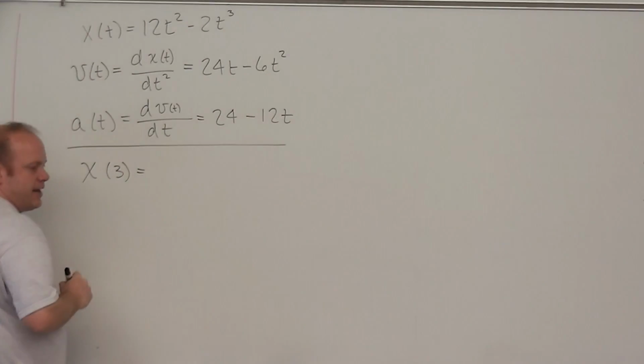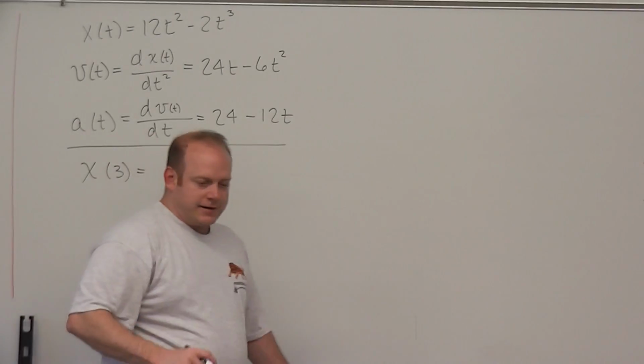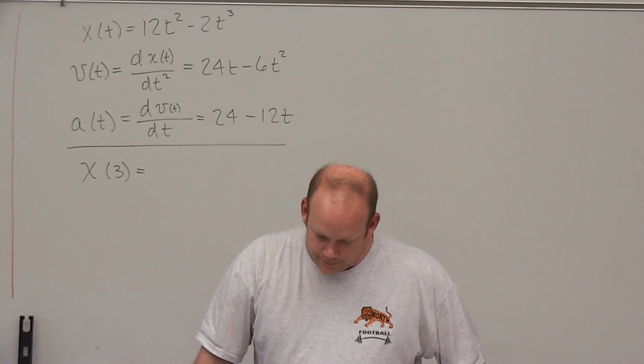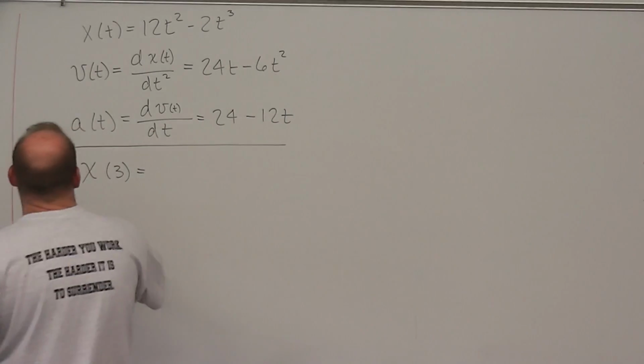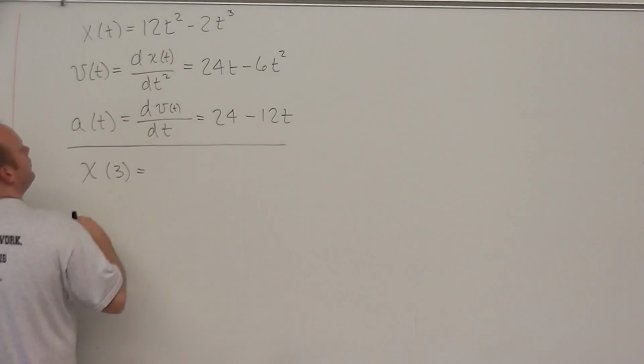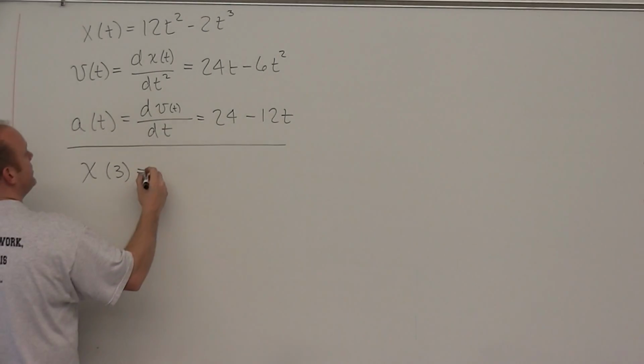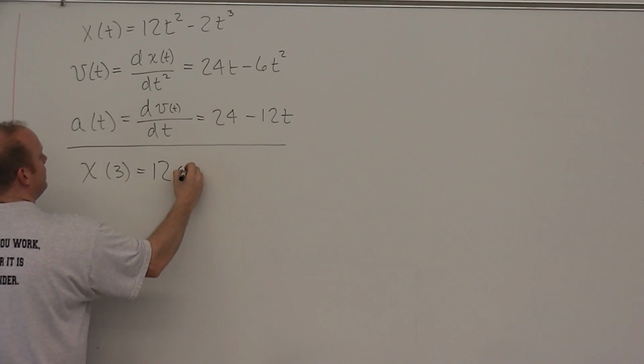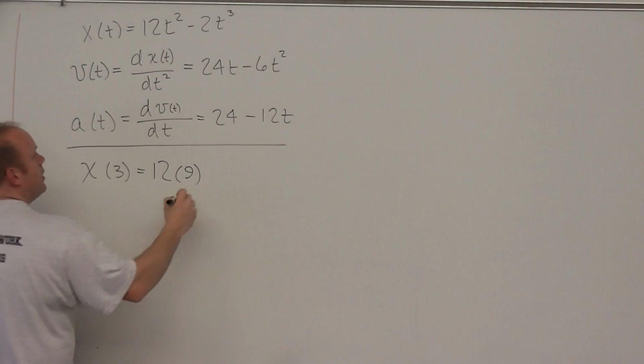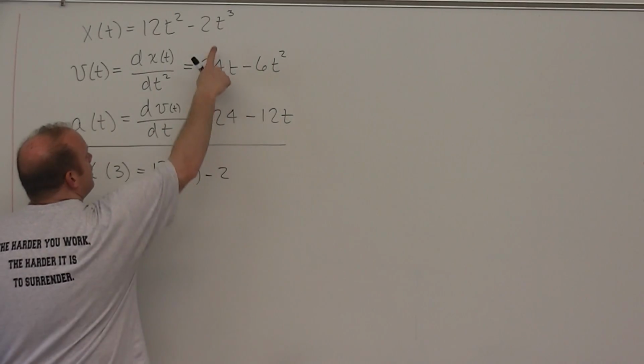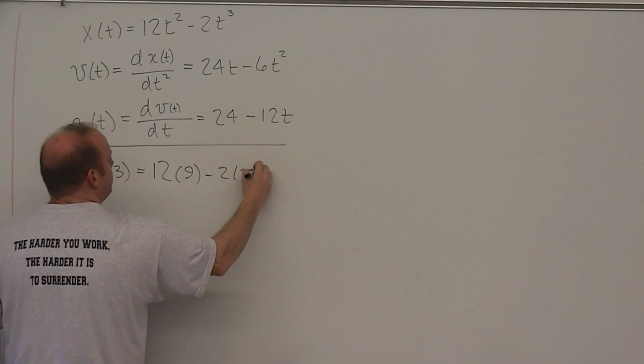So now, parts A, B, and C, they want my position, velocity, acceleration at time t equals 3 seconds. So now, my position at 3 seconds, I just put that into my position here. I've got 12 times 9 minus 2 times 3 cubed, which is going to be 27.